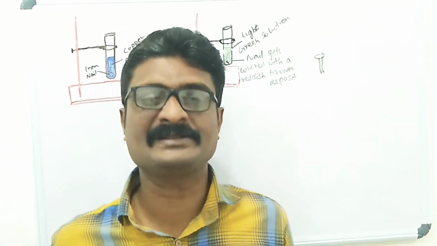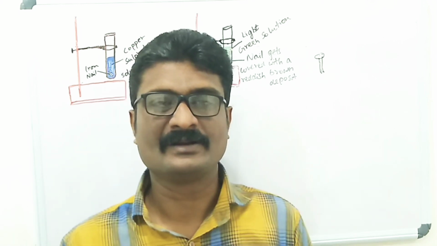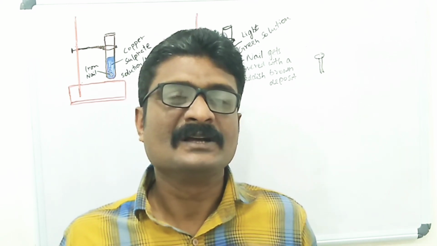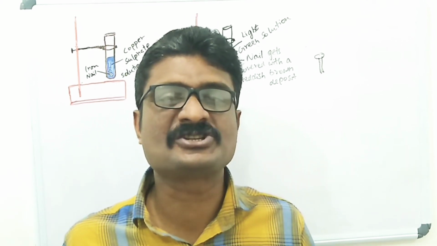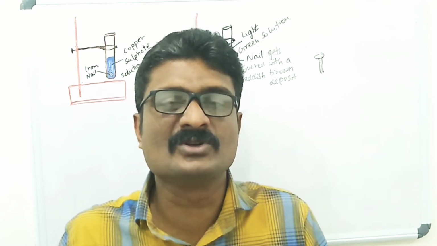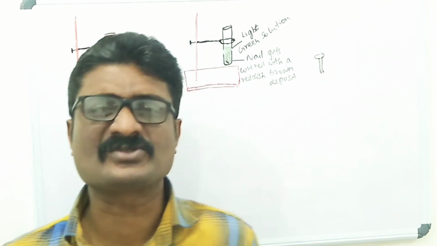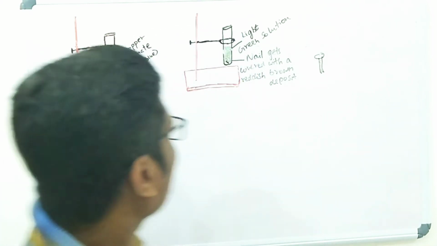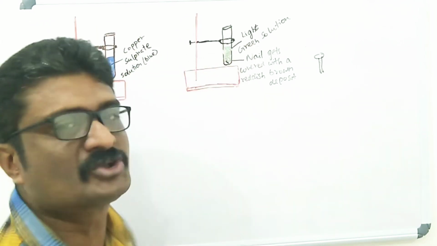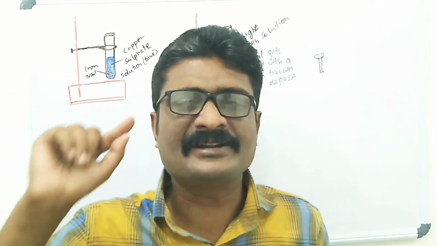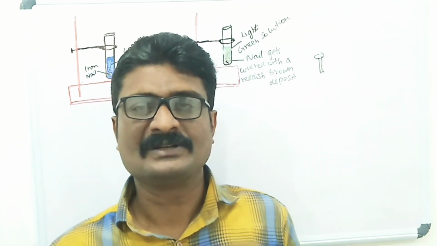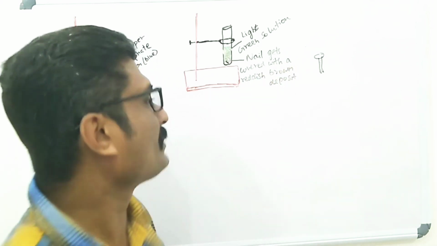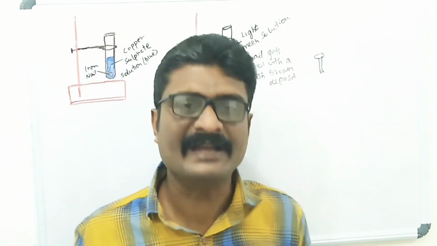Then, why is it so? From this observation, we can conclude that there is a change in the color of the solution from blue to green, and a reddish brown deposit begins to form on this iron nail.